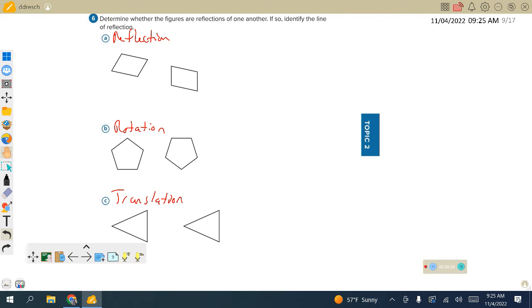And where that crease is at should be your line of reflection. So on your patty paper, take those two quadrilaterals, put it over that, trace those two quadrilaterals on that patty paper. And then after that, you wanna crease that so it lands one on top of the other. And where that crease is at, that is your line of reflection.